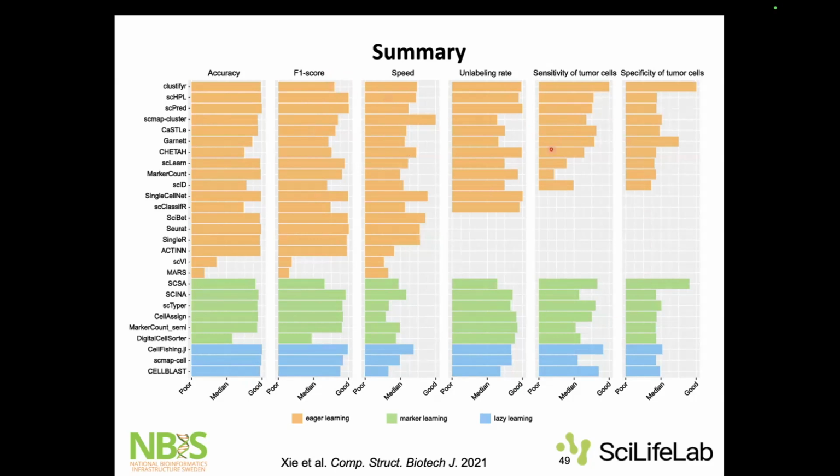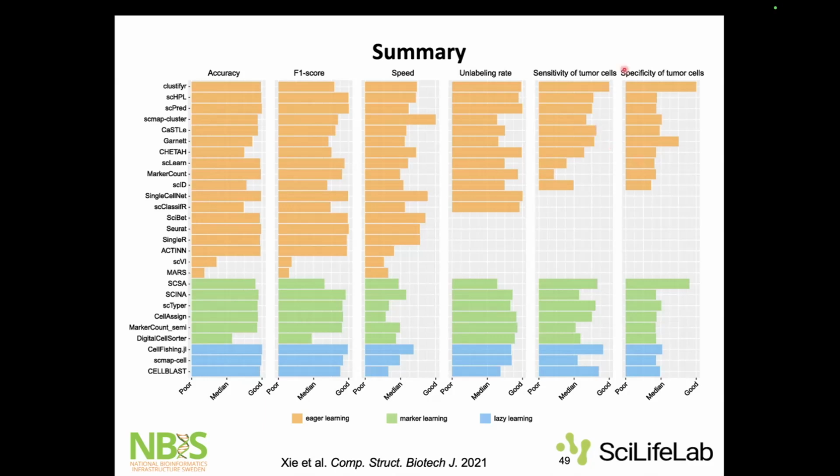And then in this paper, they also used a tumor data set, because annotating cancer data sets is more challenging than the others: there are a lot of atlases on normal samples, but not so many on cancer samples.